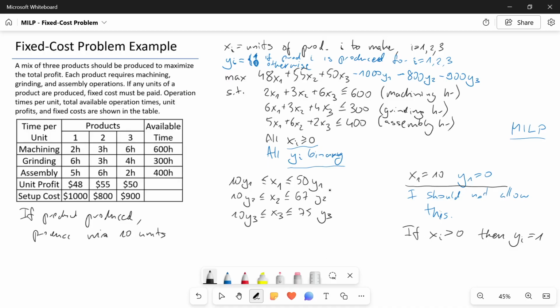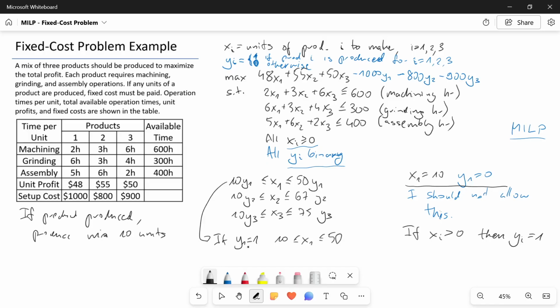How does this work? I want you to see. Effectively, if y1 is equal to 1, then this constraint becomes x1 at least 10, that is 10 times 1, and at most 50.